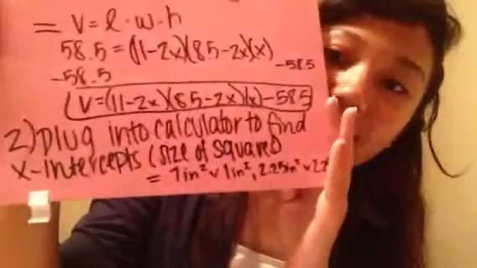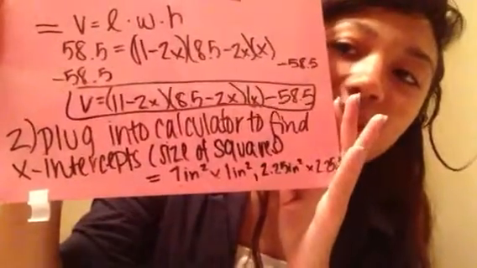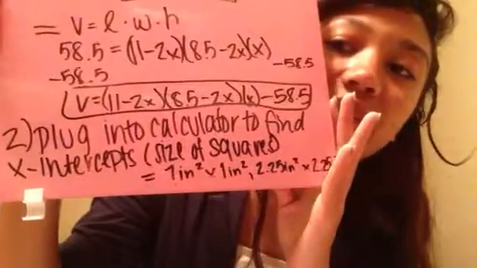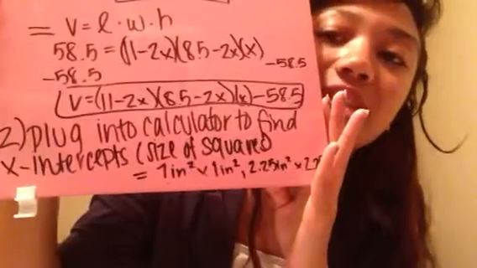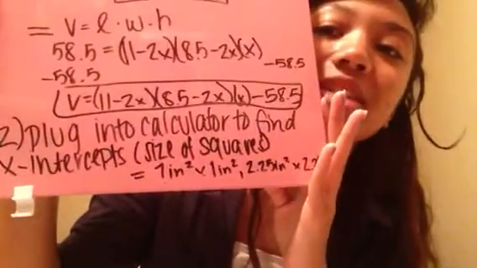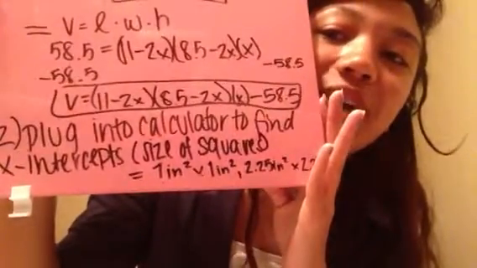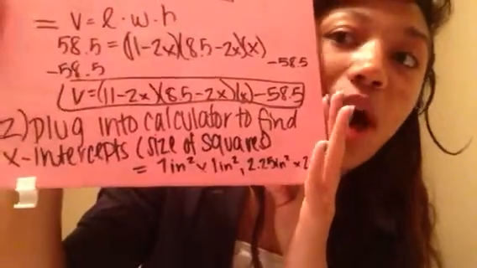After that, we wanted to plug it into the calculator, but because you can't put 58.5 as your y, we subtracted 58.5 from both sides. After we subtracted 58.5 from both sides, we had (11 minus 2x)(8.5 minus 2x)(x) minus 58.5 equals volume, or y.